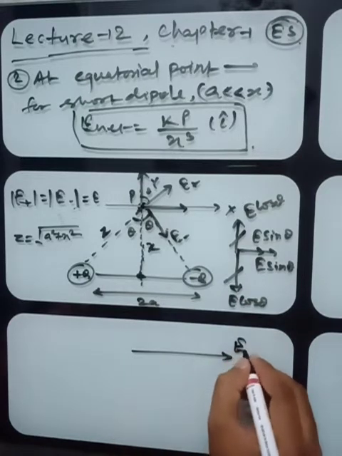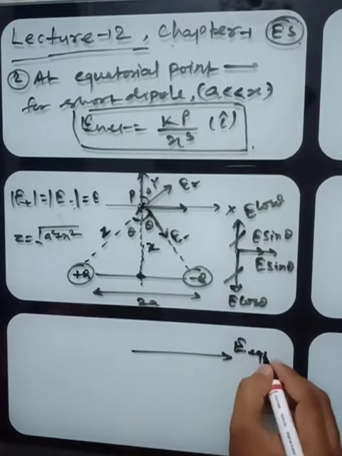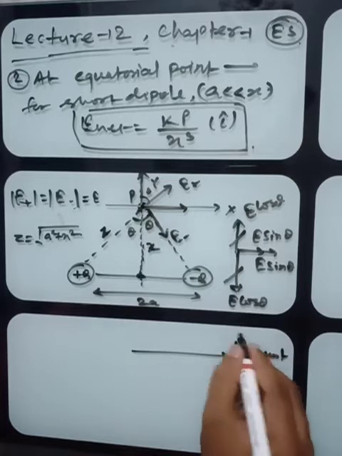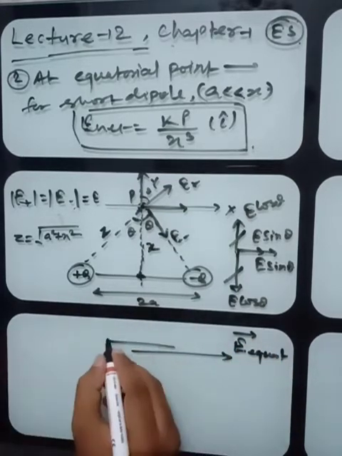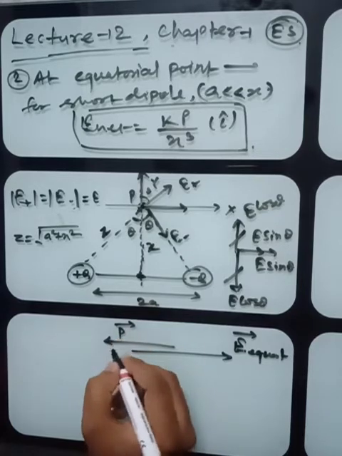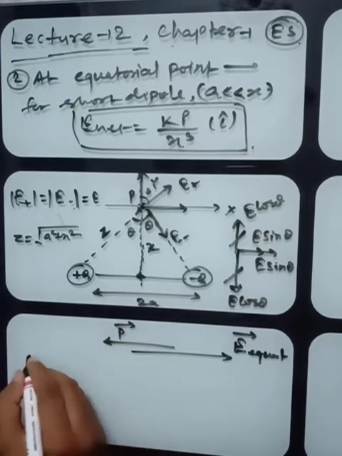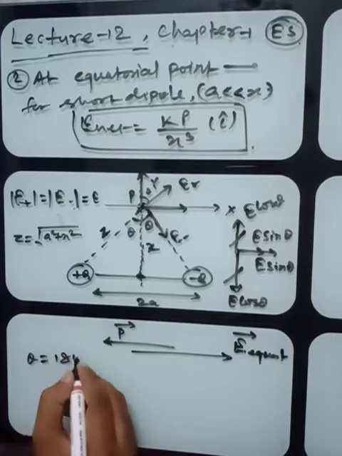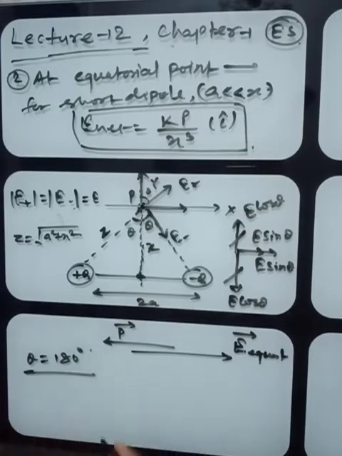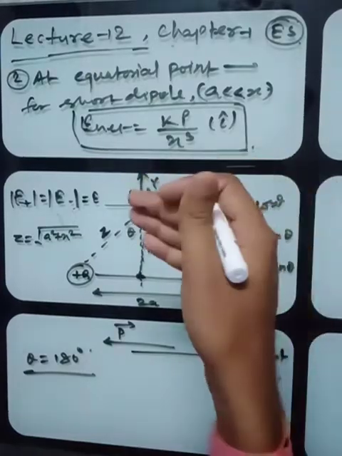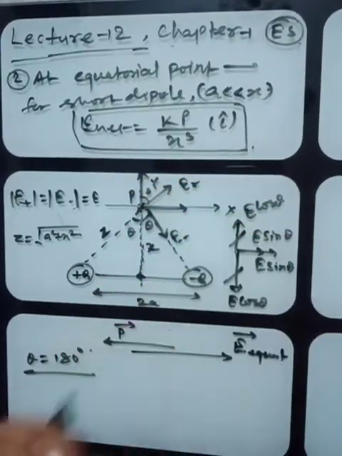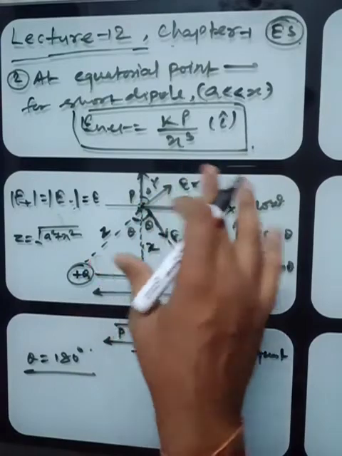This is the E net in case of equatorial. Now the dipole moment is from negative to positive, so the dipole moment is p, and the angle will be 180 degrees in case of equatorial. In case of the axial, the angle was 0 degrees. So this is the electric field due to a dipole.